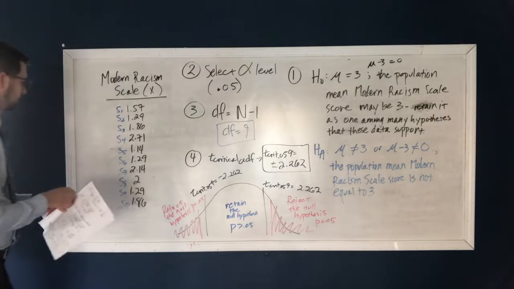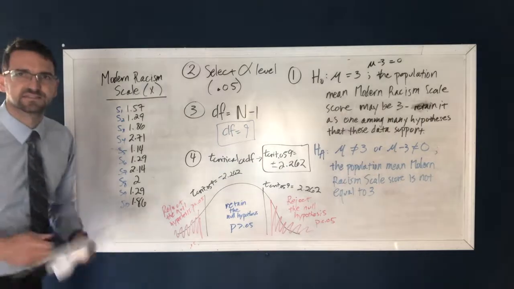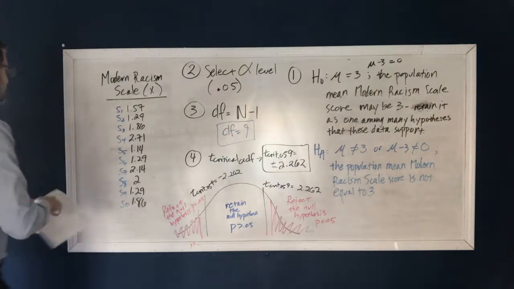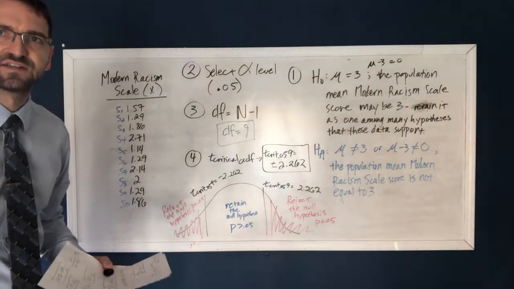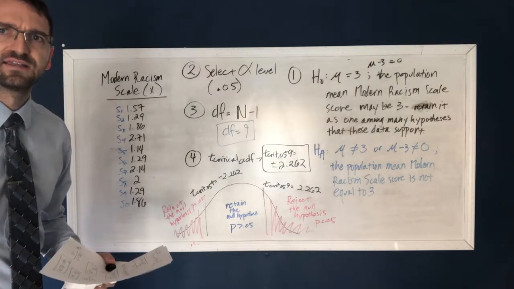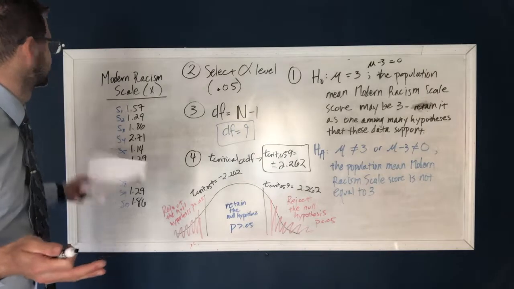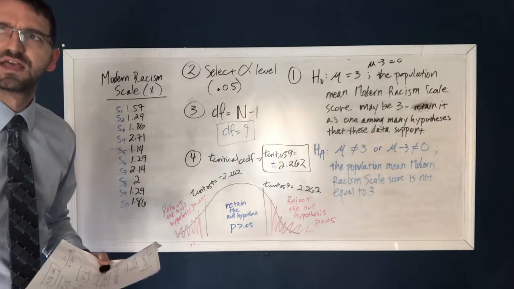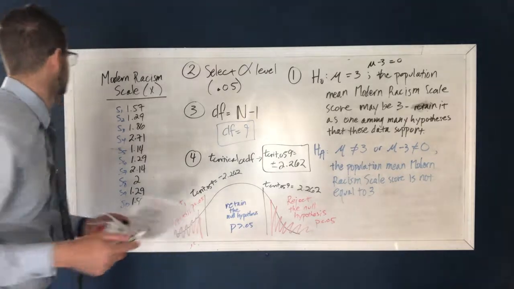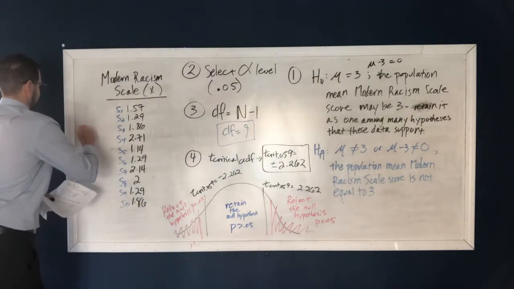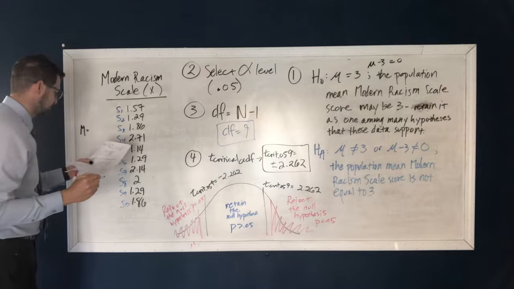So I forgot to give you your givens for this problem. So you have to calculate the mean and the standard deviation for this distribution of modern racism scores. But I'm just going to give you those because we've already done that. We're moving on. So go ahead and write this down.